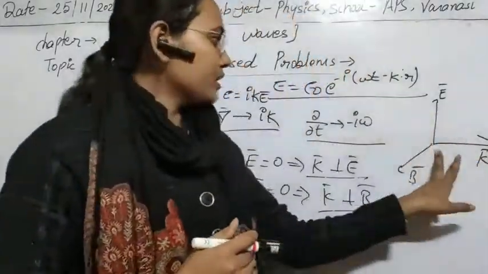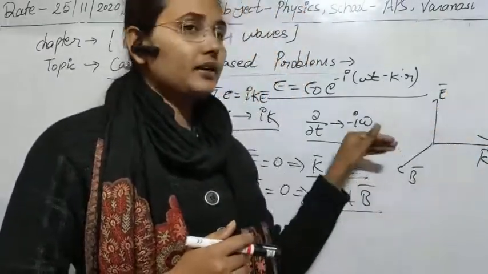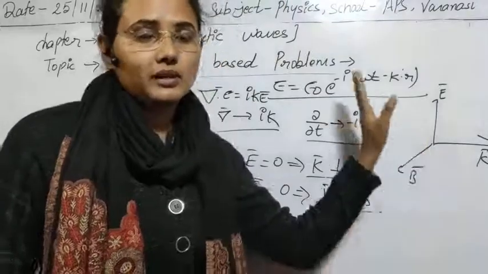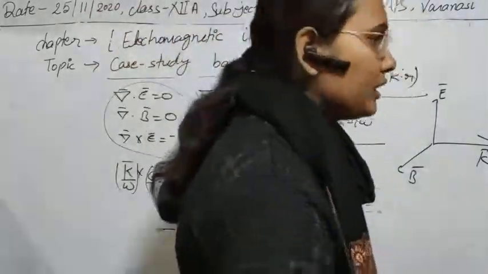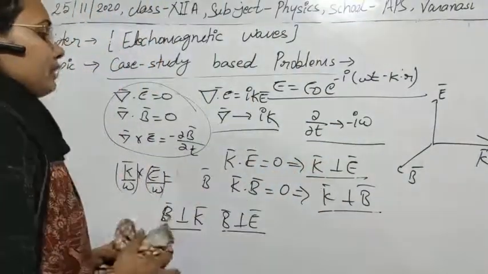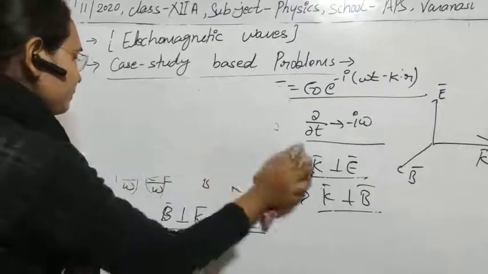So here, if this is the direction of propagation of the wave and the electric and magnetic fields are perpendicular to it, it means the wave is transverse in nature, and you can show it very easily with the help of Maxwell's equations and this simple phenomenon.